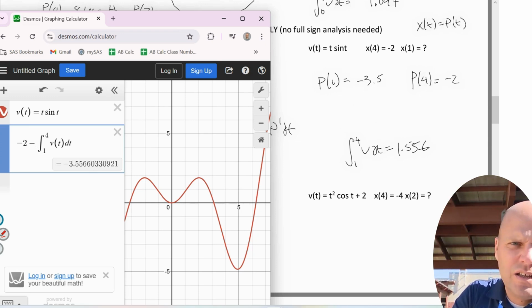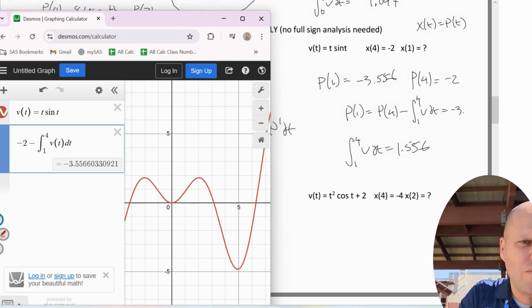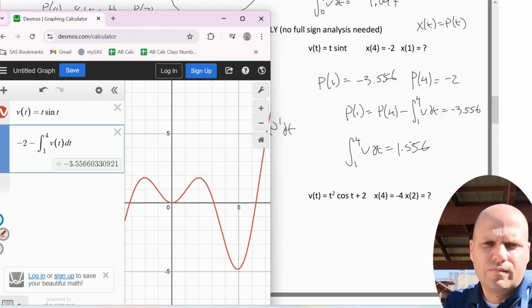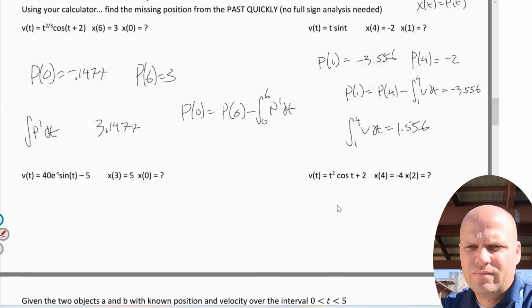and we do the whole P of 1 equals P of 4 minus the integral from 1 to 4. Let's just get our answers quickly.